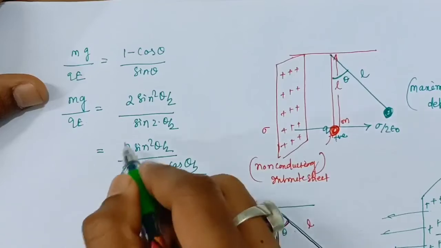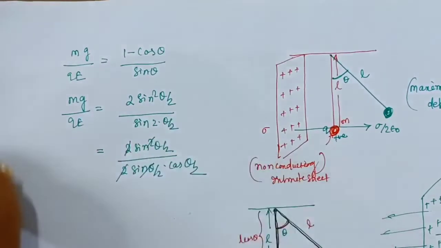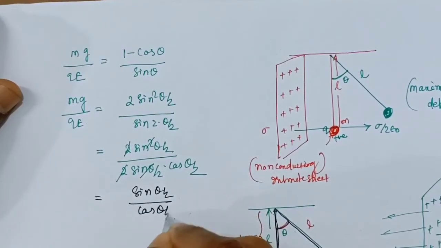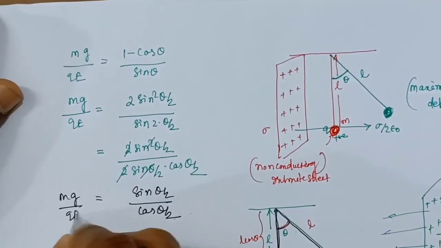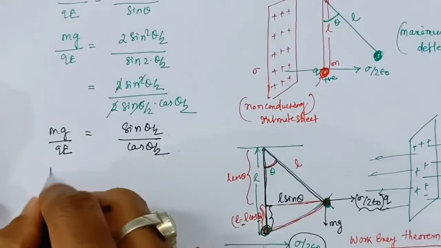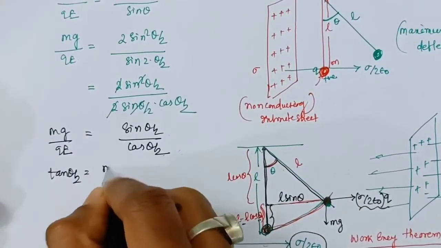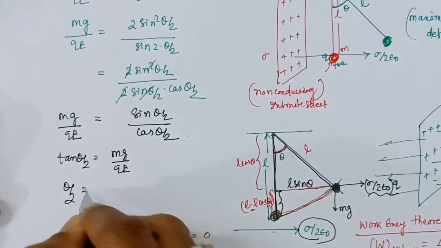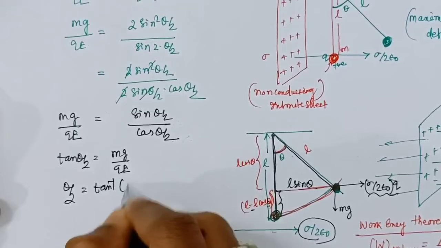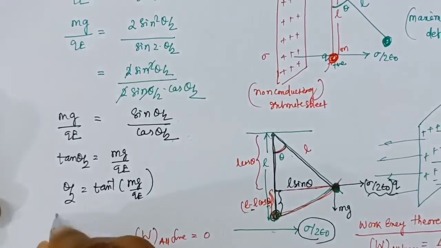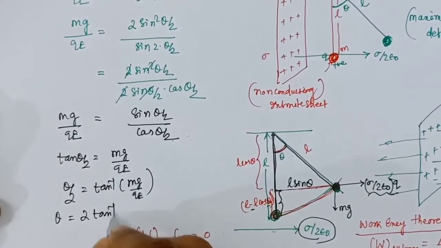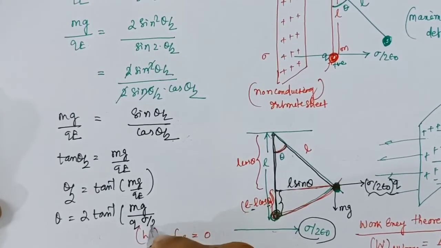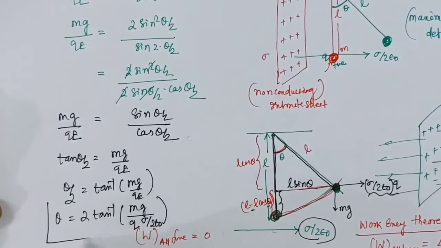If you observe carefully, the 2 cancels and one sin theta by 2 cancels. So the expression is sin theta by 2 upon cos theta by 2, that is tan theta by 2 equals mg upon QE, and theta by 2 equals tan inverse mg by QE, so theta equals 2 tan inverse mg by QE. Here E value is sigma by 2 epsilon naught. One can substitute. This is the desired result.